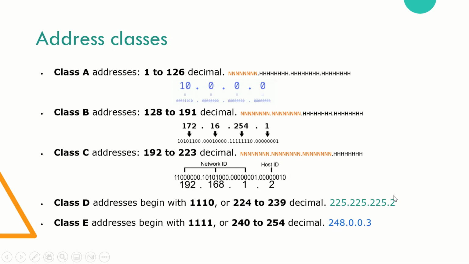But class D addresses are reserved only for multicasting, and class E is reserved for future use. They should not be used for host addresses. We should work only with class A, B, and C as designers here.